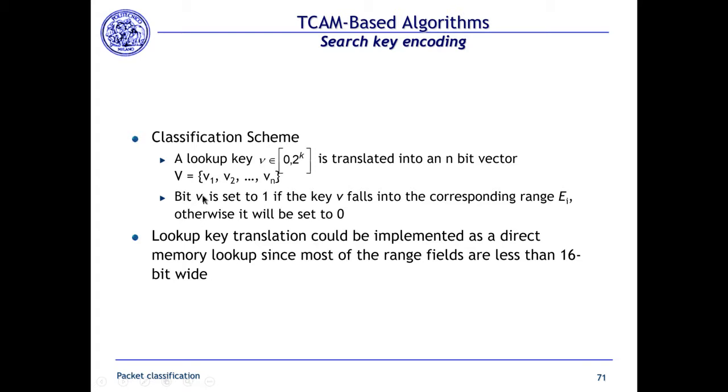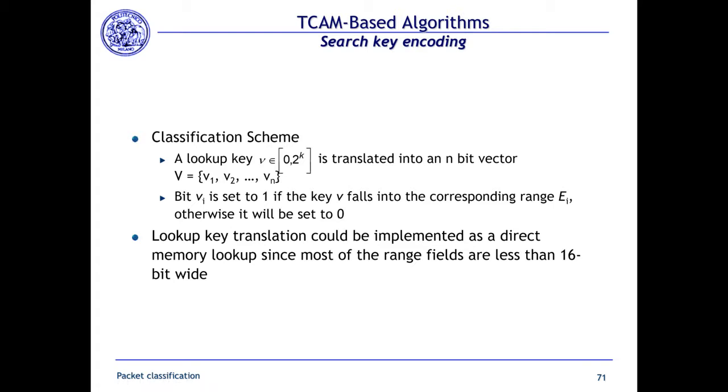In doing this transformation, we have to check if the value of that field falls into the ranges that we have defined. If it falls into the first range, we set the first bit to 1. If it falls into the second, we set the second bit to 1, and so on. If it is not included in a specific range, we set the corresponding bit to 0.